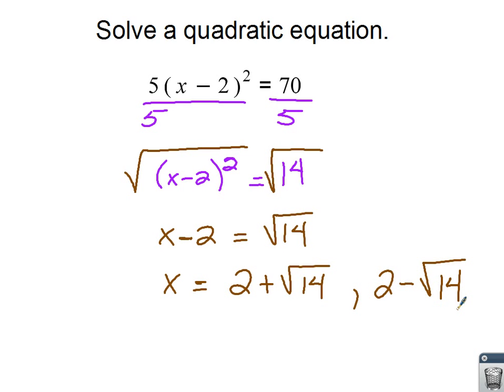2 minus the square root of 14. And you're going to have your calculators handy, so you'd be able to do some approximations here, some rounding to the nearest hundredth. Why don't I do that for you right now? Okay, so we have 2 plus the square root of 14, and that is, x is going to be approximately 5.74, and let's see what this is.